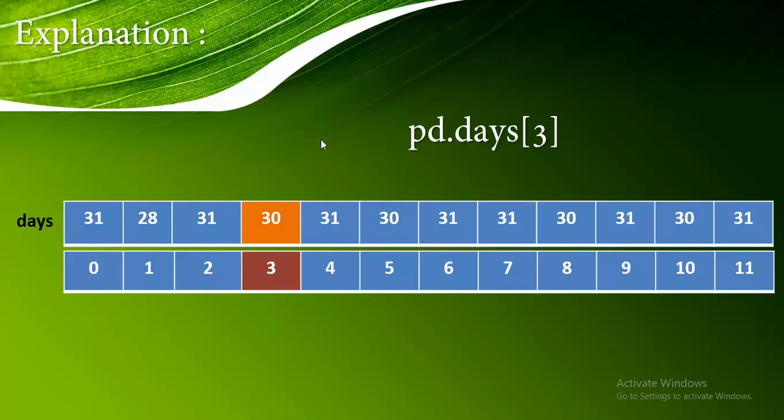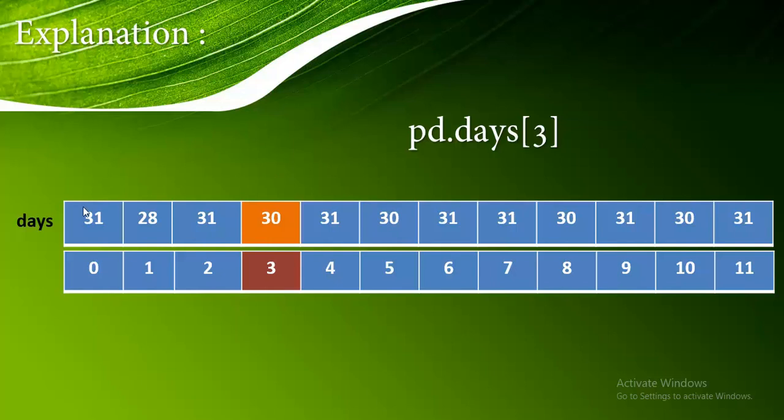If you want to access a particular data item, then we use pd.days, then square brackets, we write 3. Here the pd means we have created an object of the pandas library. Days is the name of the series and 3 is the index value.